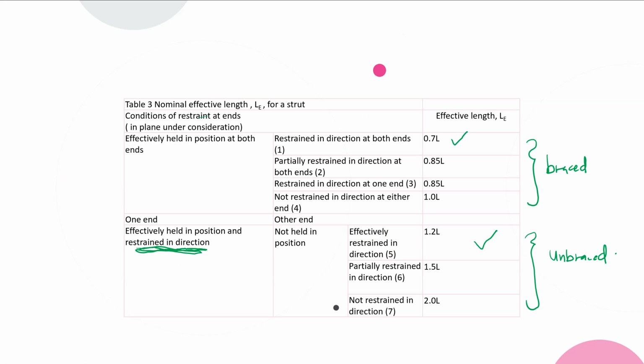So this one is restrained in direction, one end, bawah ni memang dah restrained in direction, and at the other end also it is restrained in direction. Okay, position not being mentioned at all, so it can be whether unbraced ataupun braced lah, sebab this one pun mention pasal position, but we don't care about position, we just care about the direction right now. So it can be braced and it can be unbraced also.